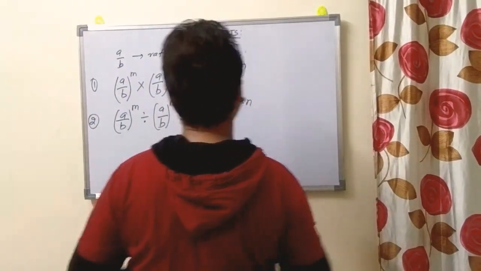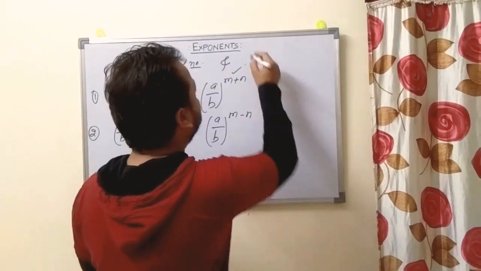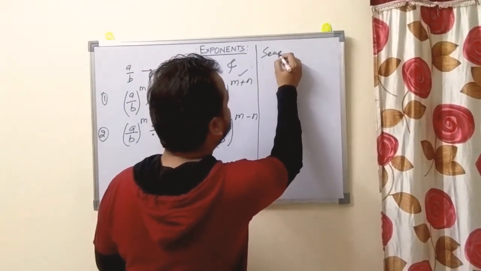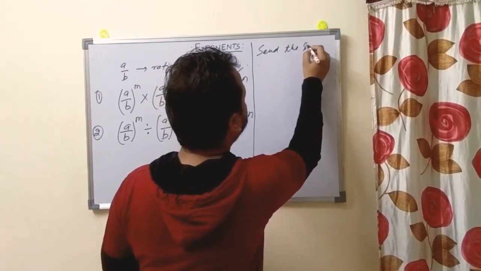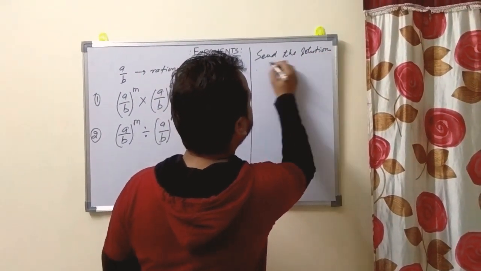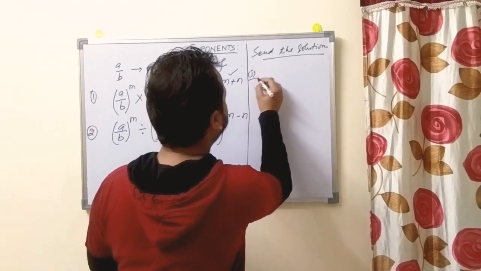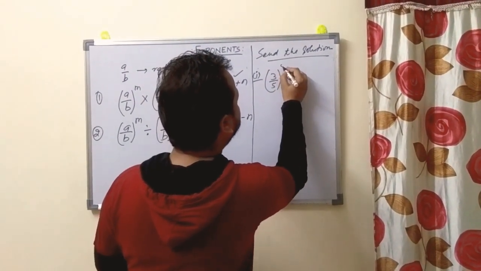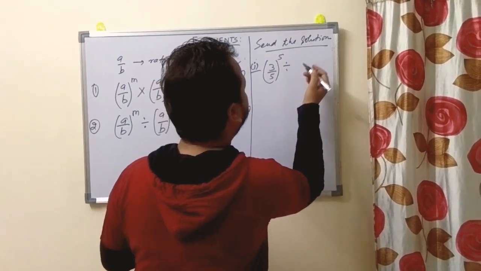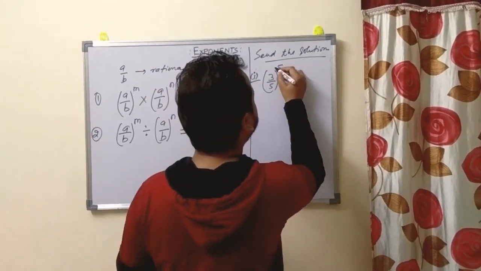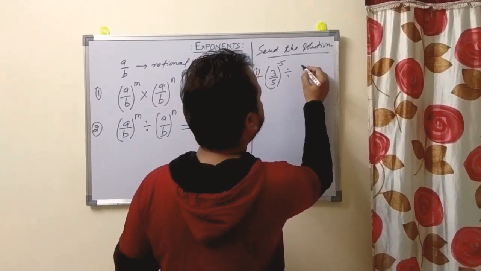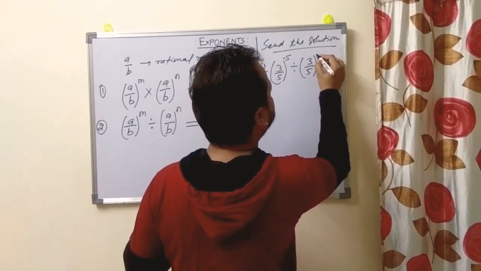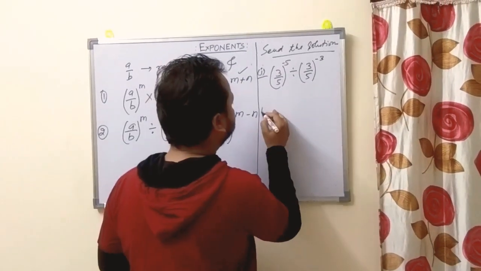I am giving you the questions. First question: (3 by 5) power 5 divided by (3 by 5) power minus 3.